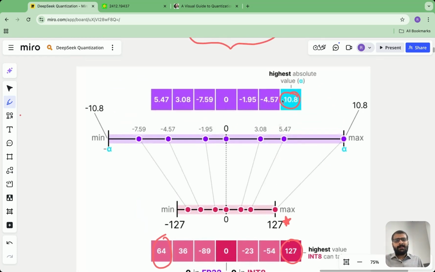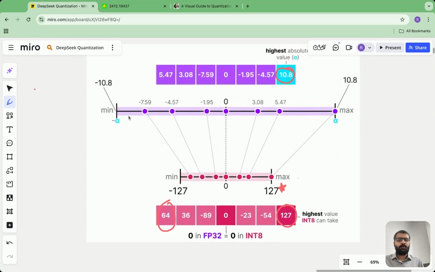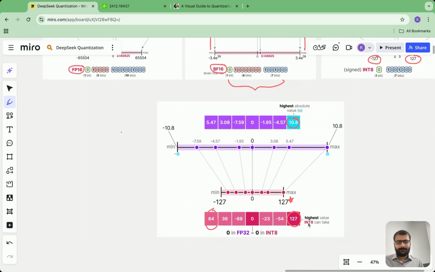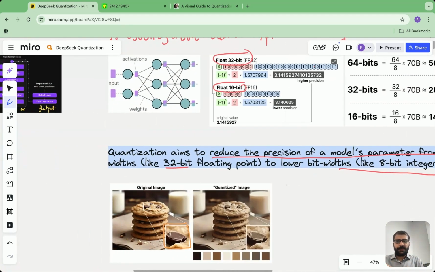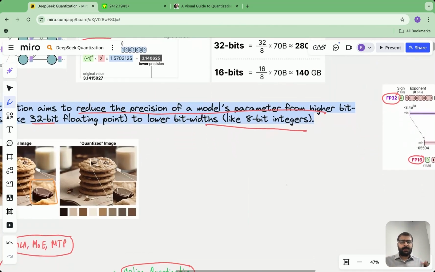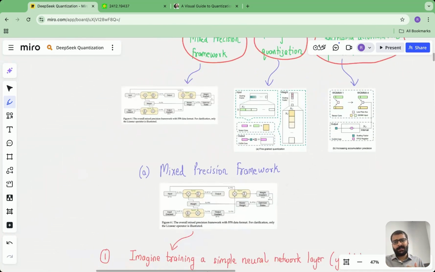So keep this in mind that we divide by the highest number and then multiply it by 127 if we want to, let's say, quantize from a floating point 32 to an integer 8. All these concepts which I'm showing you right now, we have covered in the previous lecture, but this quick summary will be enough for you as we get started with today's lecture.